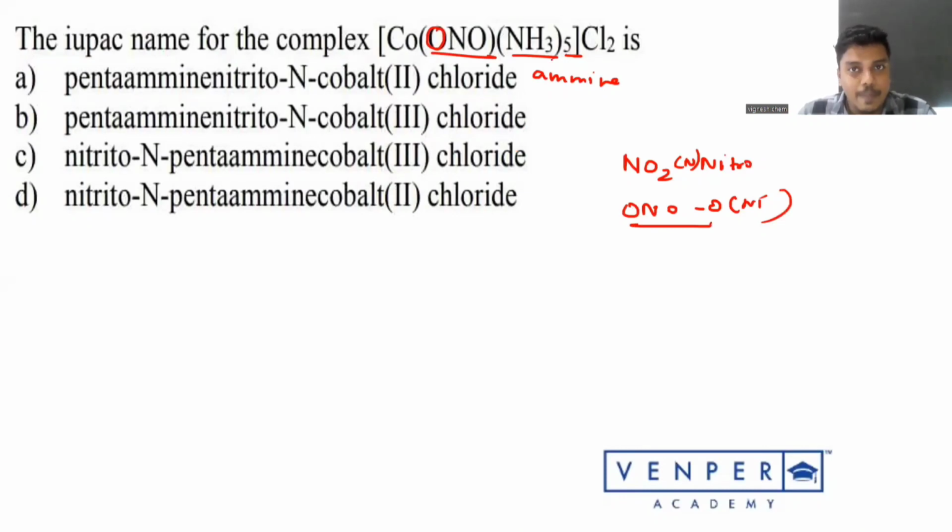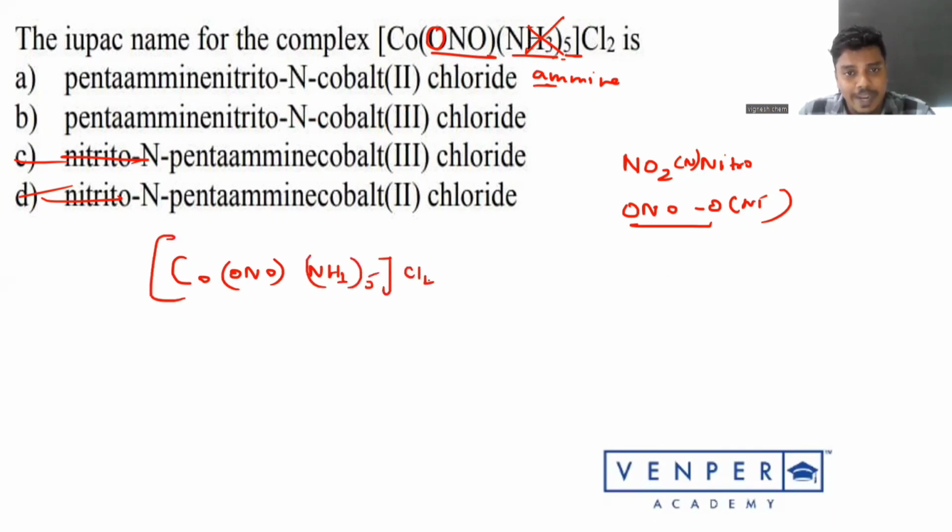Now pentaammine, five. Ammine first, since A comes first in the alphabet. Pentaammine, nitrito, then cobalt. We need to find the oxidation state. Ammonia is a neutral ligand. So cobalt, ONO, NH3 five times, Cl2.